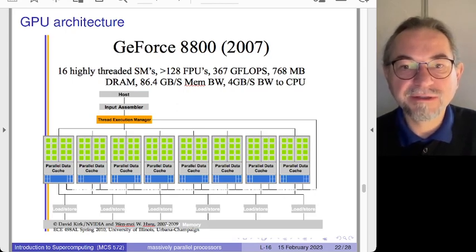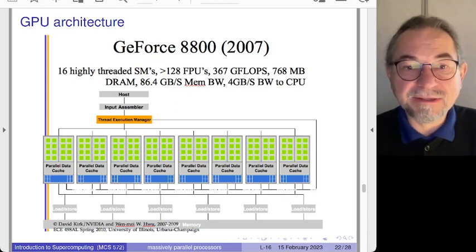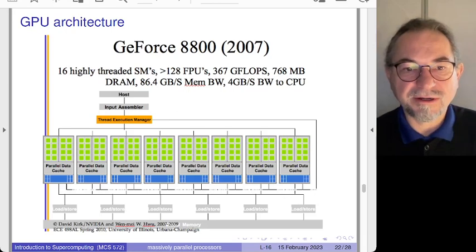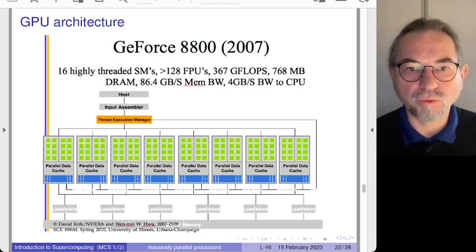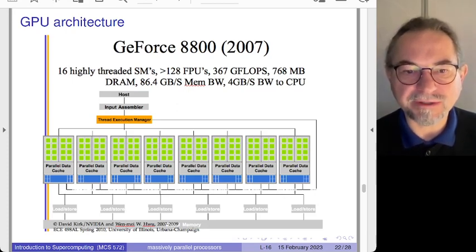You see the specifications listed, and you see a little bit of the details of what sits between the CPU, which is called the host, and the GPU, that's called the device.